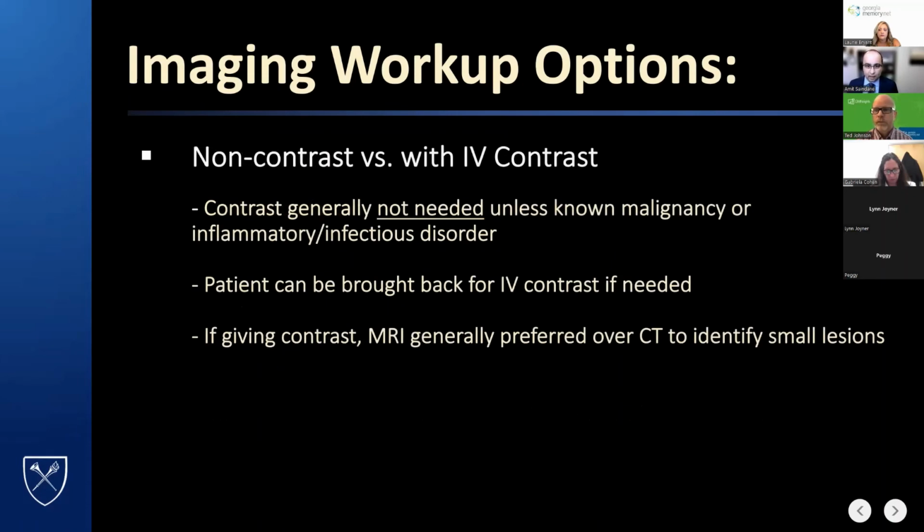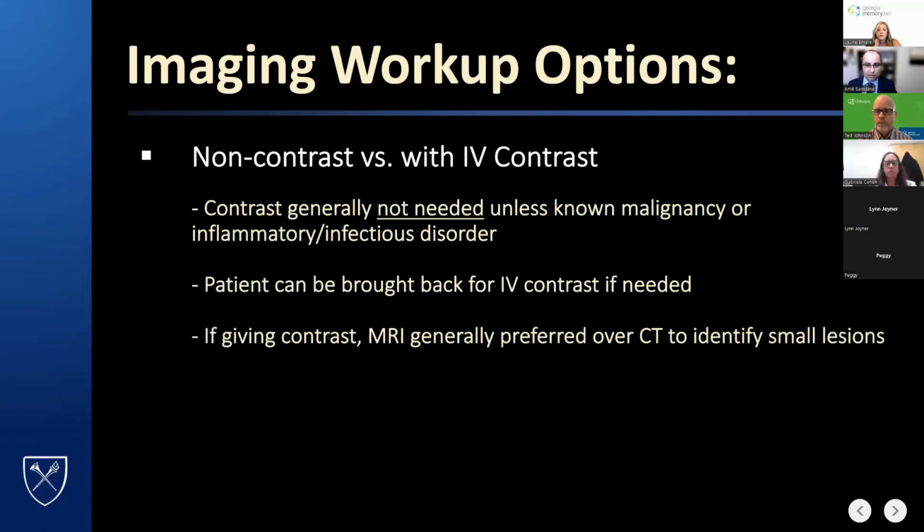And then in terms of giving IV contrast or not, I'd say my biggest pet peeve in reading studies is seeing a dementia workup with contrast. One, it's really not necessary for any of the diagnoses that we're looking for. And secondly, it makes me wonder, am I missing something?